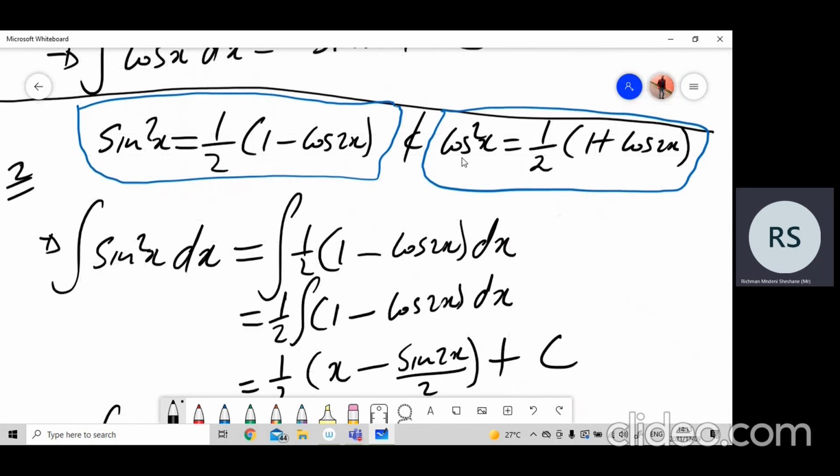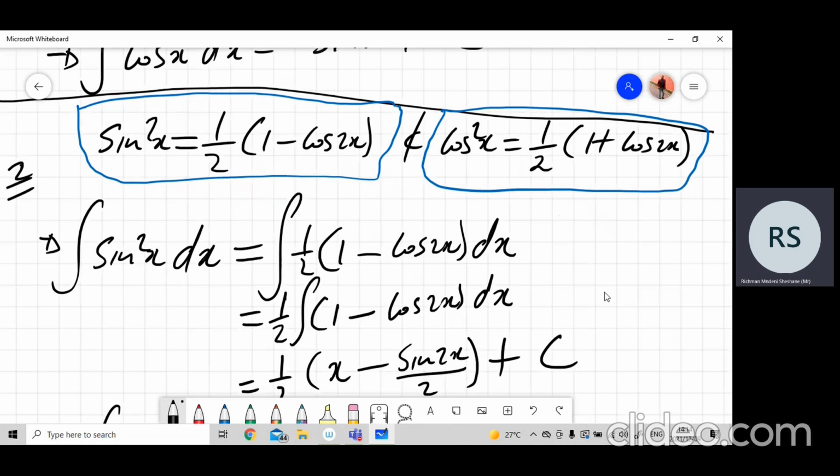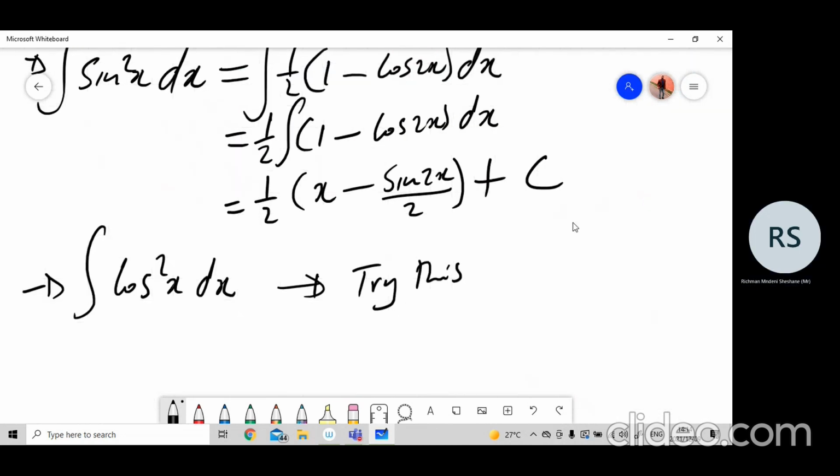So instead of integrating this, just integrate its identity. All right, so try it. If you can't, please ask me during the lecture, or in your notes under integral of trigonometric functions, I think they have a solution for this.